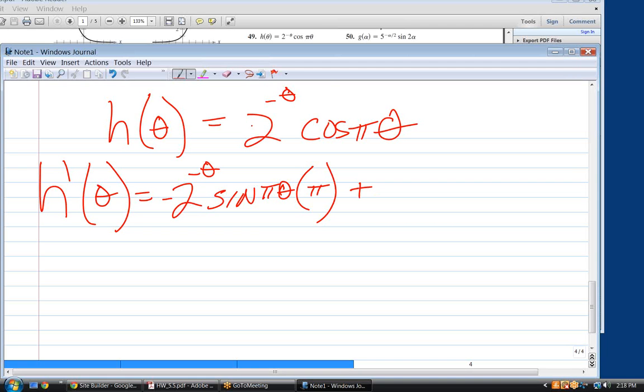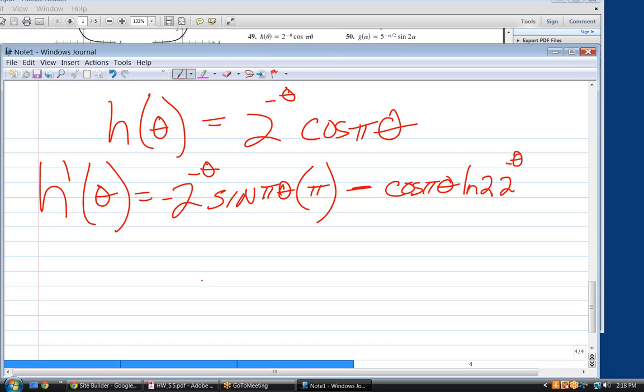In other words, that's this times the derivative of this. So now let's write cosine of pi theta. And now we need the derivative of that. And then that would just be natural log of 2 and then 2 to the negative theta, right? Times negative 1. In other words, you still have to take the derivative of that inside.